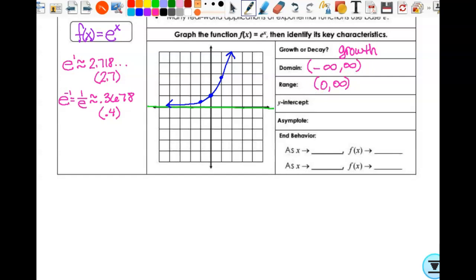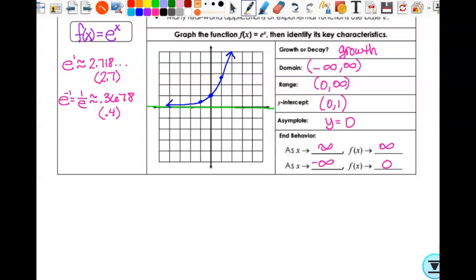What's my y-intercept? 0, 1. My asymptote is at y equals what? 0. Then as x approaches infinity, f of x approaches what? Infinity. As x approaches negative infinity, what does f of x approach? 0. Any questions on that at all?